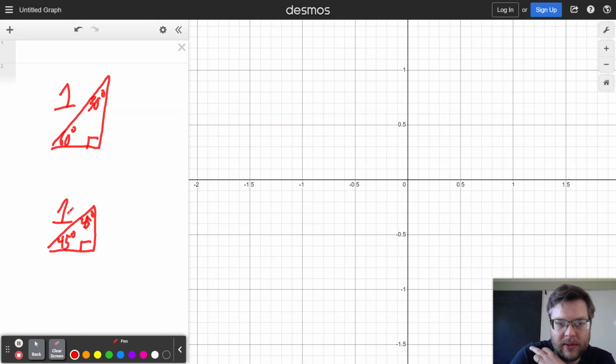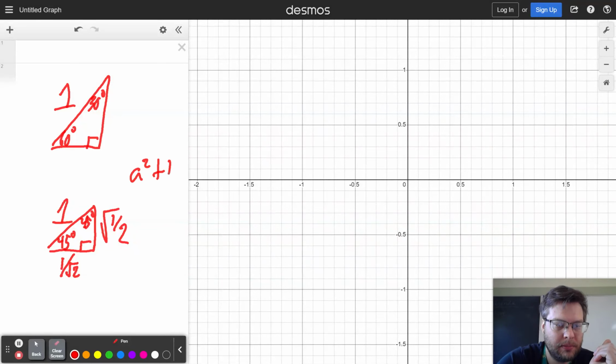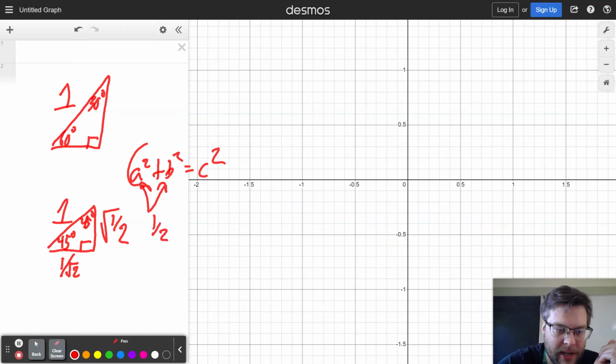And if you use the Pythagorean theorem, you'll find that this one right here is the square root of a half on either side. The square root of half makes sense because if you set up your a squared plus b squared equals c squared, for my triangle on the bottom, each of these values needs to equal a half after I square it.